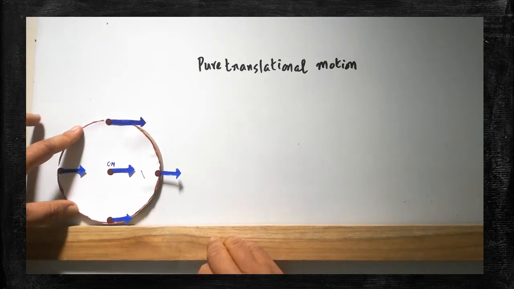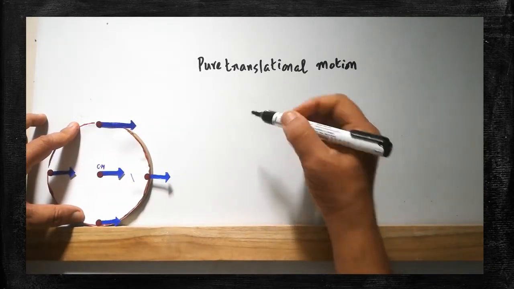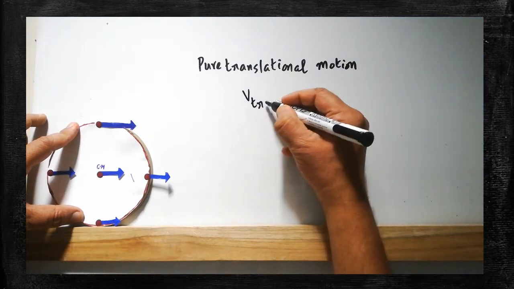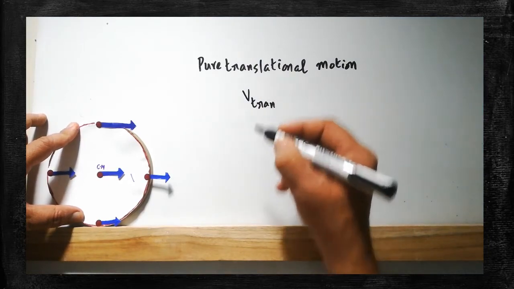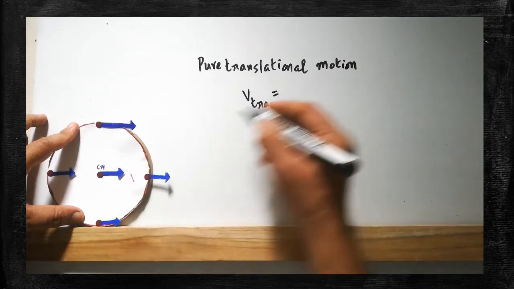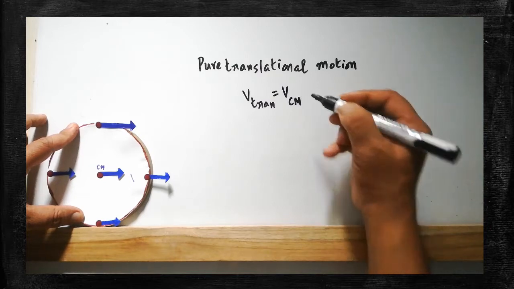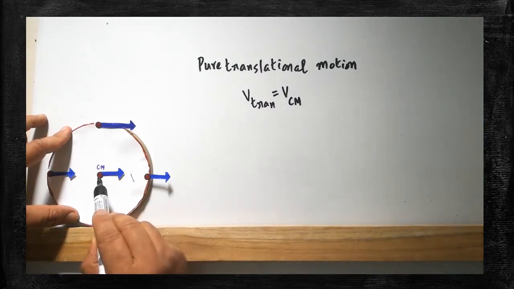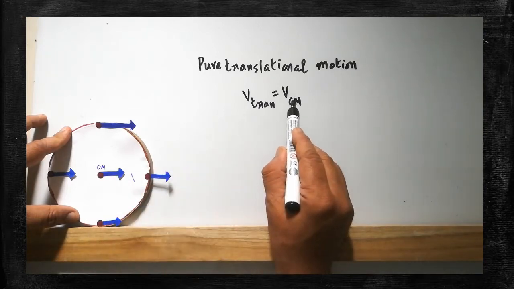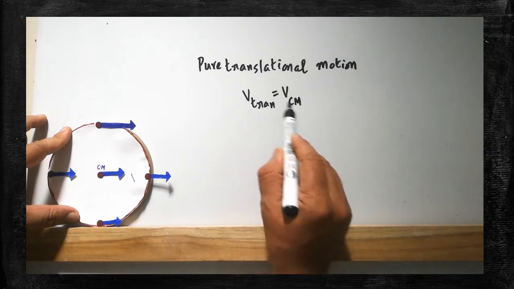Here the translational velocity of all the points can be represented as V translational, which is equal to the velocity of the center of mass. So the velocity of the center of mass can be written as VCM. V translational is equal to VCM.